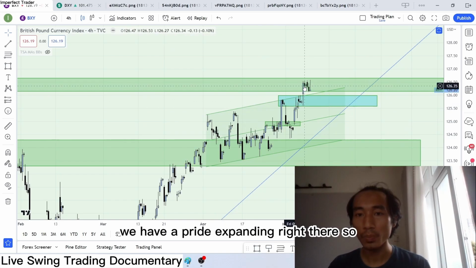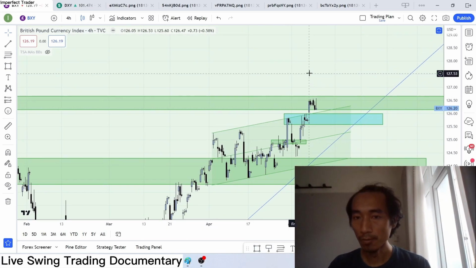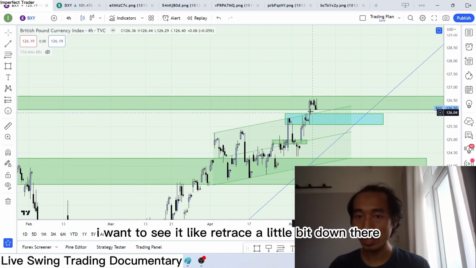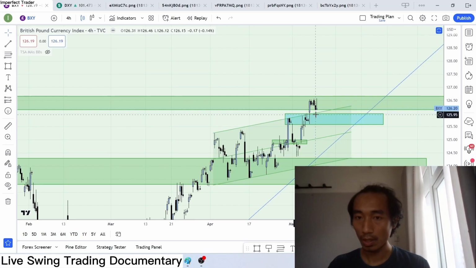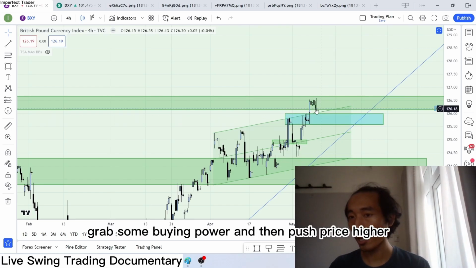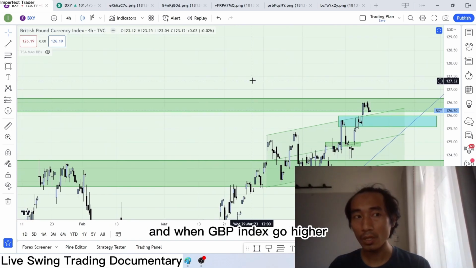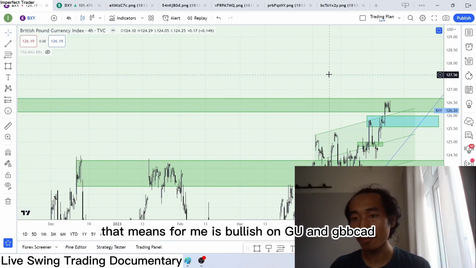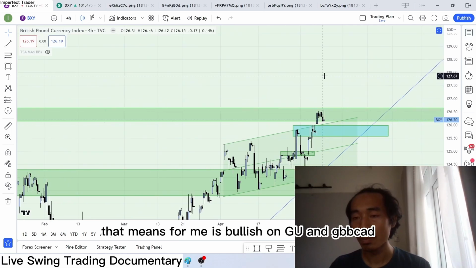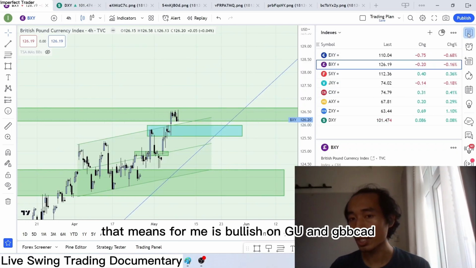We have a price expanding right there, so I want to see it retrace a little bit down there, grab some buying power, and then push price higher. And when the British pound index goes higher, that means for me it's bullish on GU and GBP CAD.